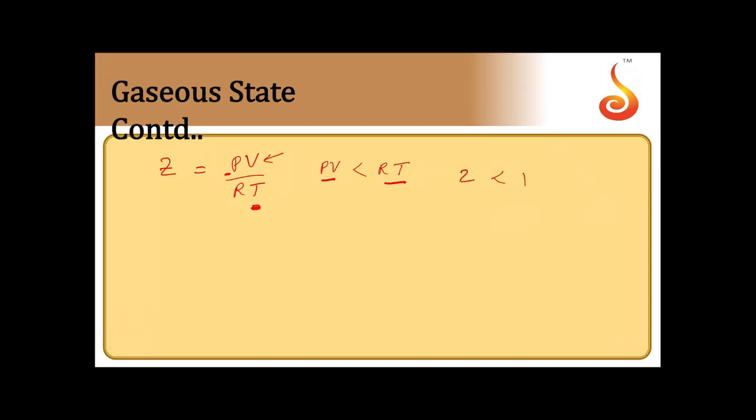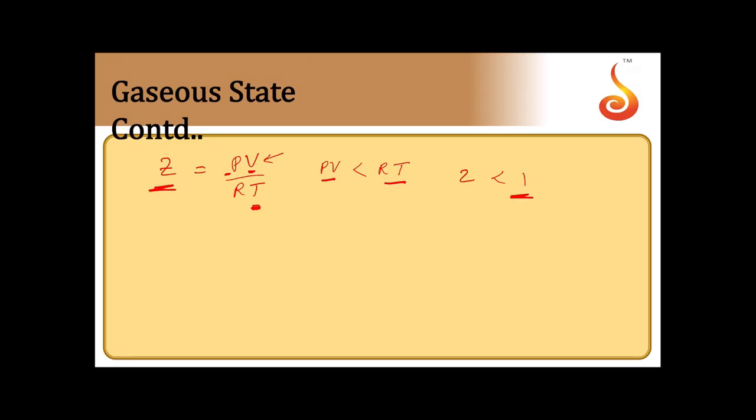Occupying lesser volume than the ideal volume means the molecules are coming close to each other, and that is possible only if they are experiencing strong force of attraction between the molecules. So whenever molecules are experiencing attractive forces, the compressibility factor is going to be less than 1.